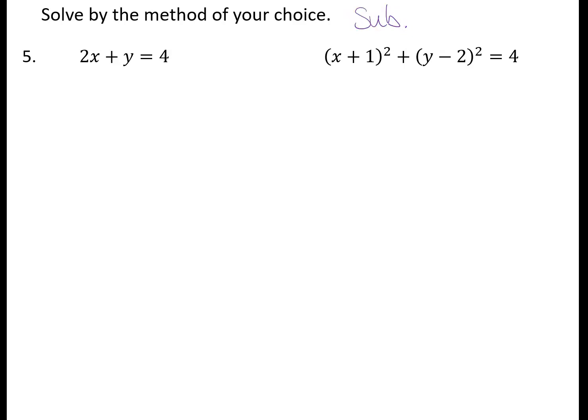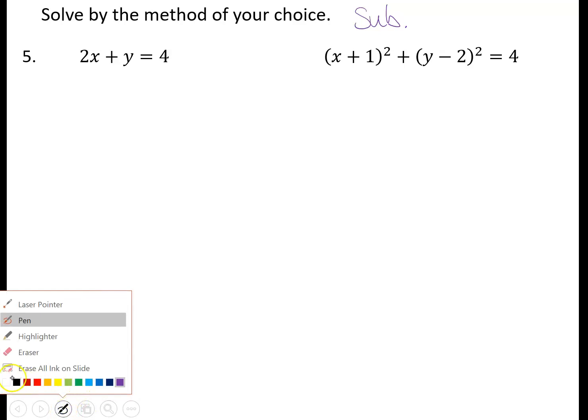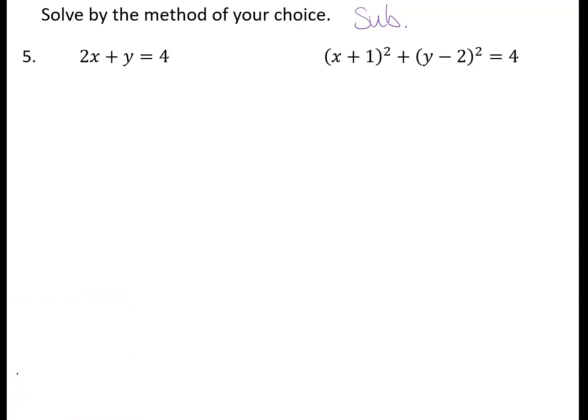So let's go ahead and follow through with that. And we will start by isolating the y in the first equation. So that would involve subtracting the 2x. And it doesn't actually matter whether you write negative 2x plus 4 or 4 minus 2x. And that's going to substitute into the second equation.